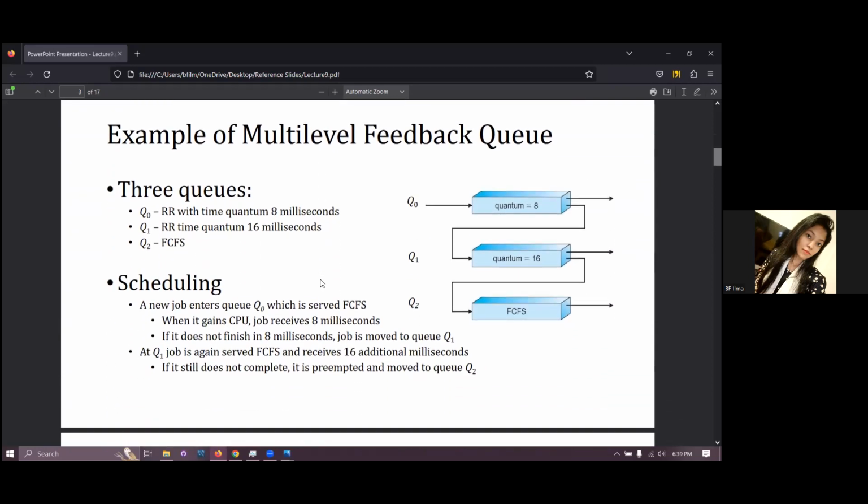As time goes on, we increase the priority of a process so that at one point we ensure that it would get executed. That is called aging. So processes are moved from one queue to another in this multi-level feedback queue.